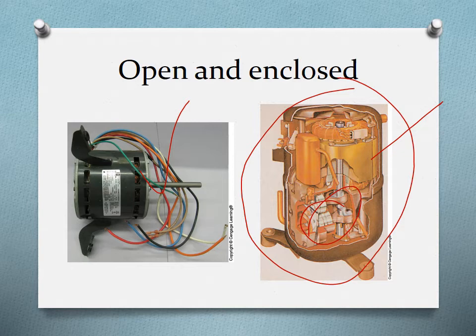Again, most of these motors are capacitor start, and capacitors do make a spark, so that's a hazard. So enclosed ones are basically for ACs, and they have good longevity because they are sealed, not exposed to the elements, and they do the job from the inside. But you will see the capacitor also sometimes on the outside here.